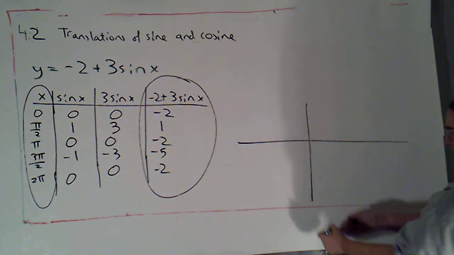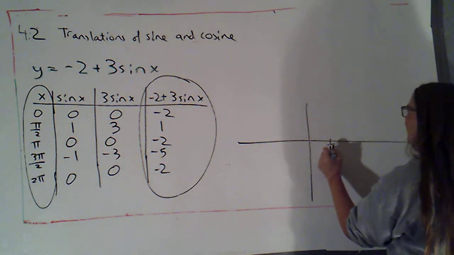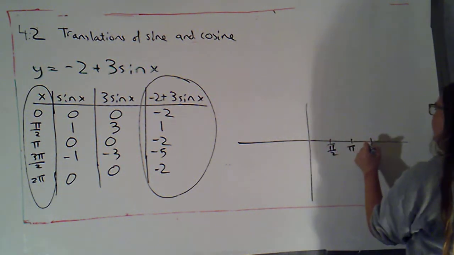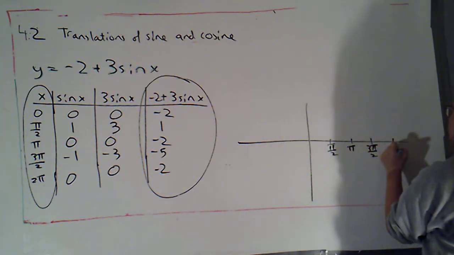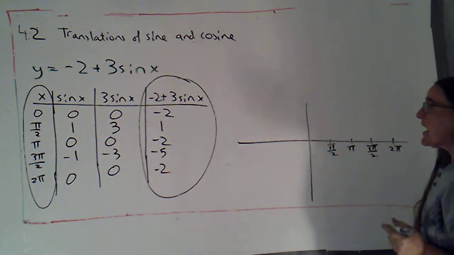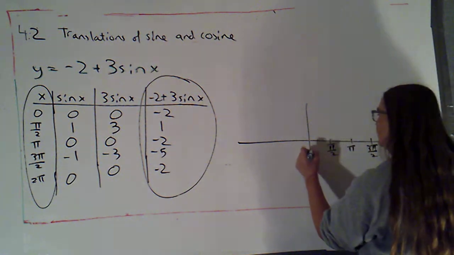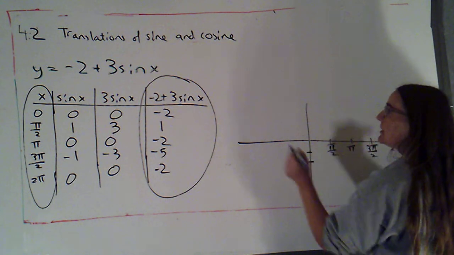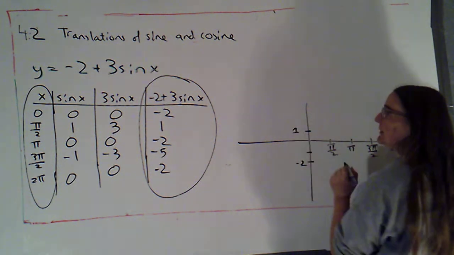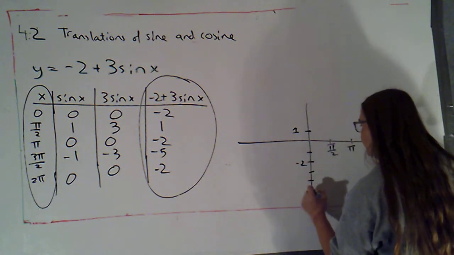Okay, give myself some more room below the x-axis there. So here's pi over 2, pi, 3 pi over 2, 2 pi. Looks like the y values we care about are negative 2, positive 1, and negative 5.